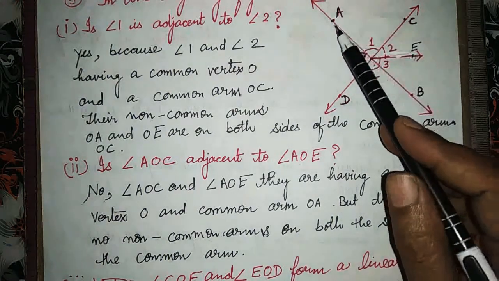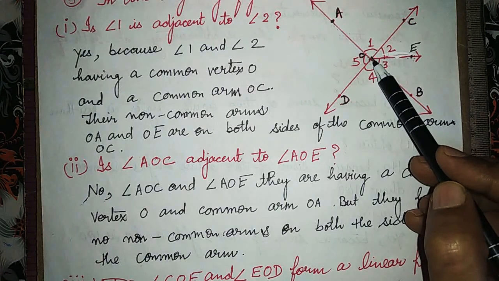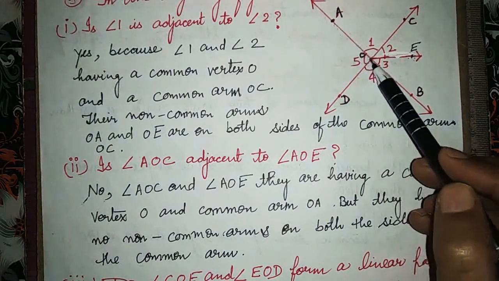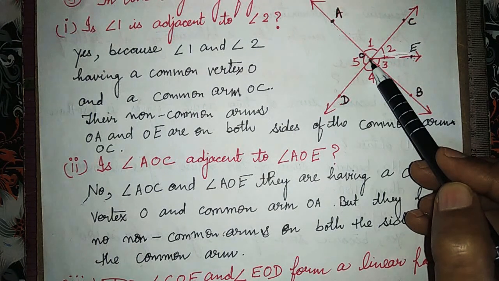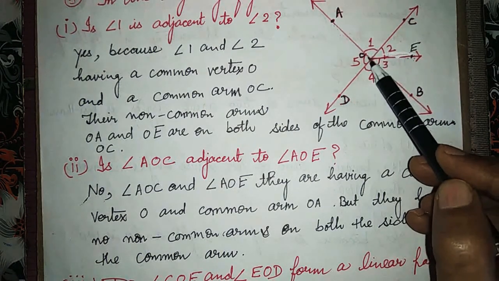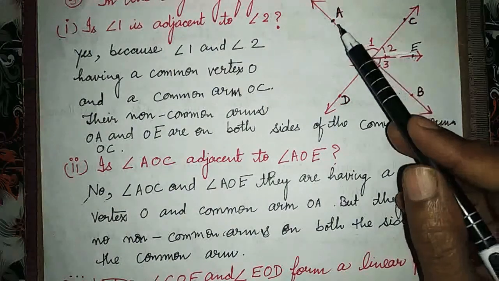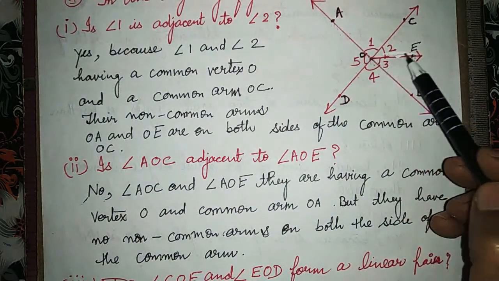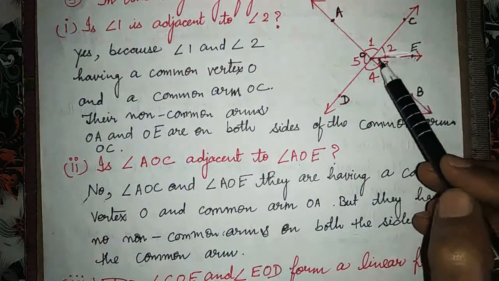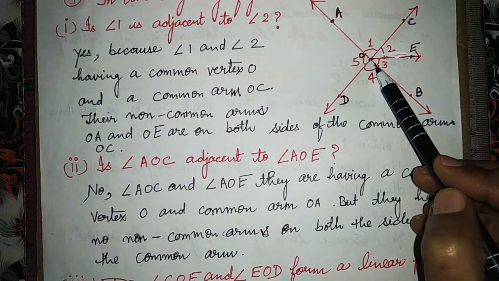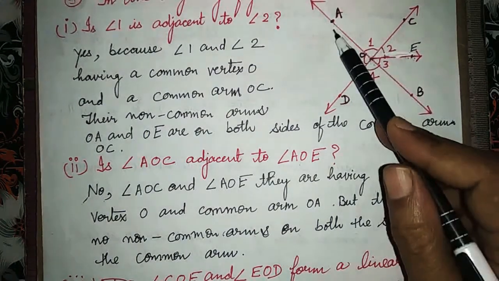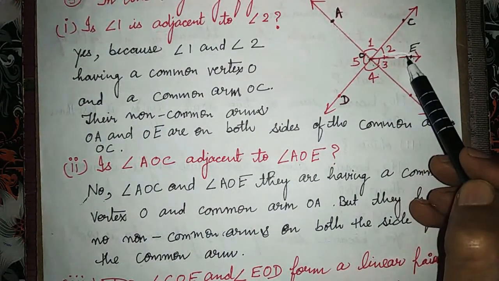But you cannot see two non-common arms on both sides of this common arm OA. So you can't say that angle AOC is adjacent to angle AOE. One more thing, you can see that angle COE is a part of angle AOE.